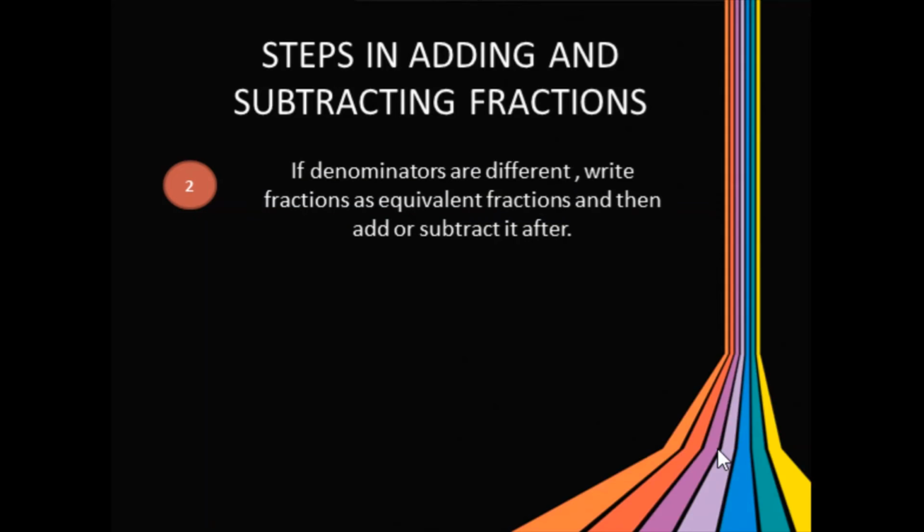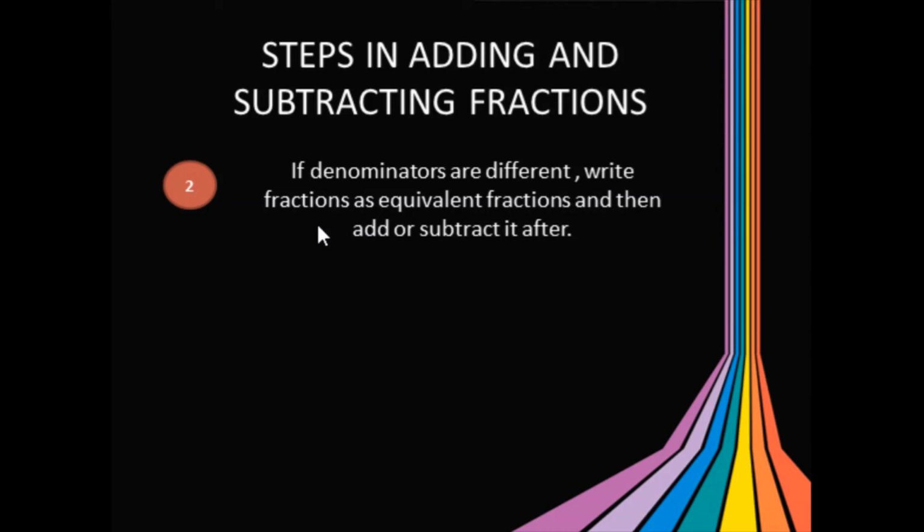Next, step 2. If denominators are different, write fractions as equivalent fractions and then add or subtract it after. Again, I will repeat. If denominators are different, not the same, okay?